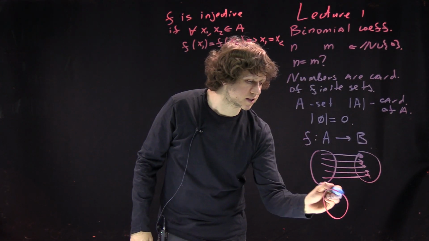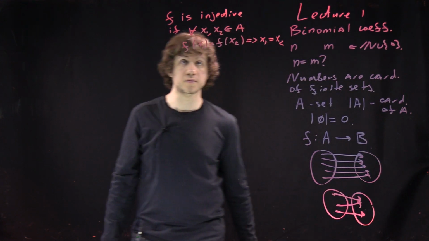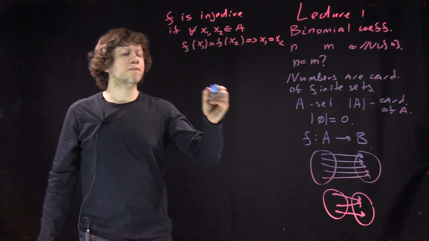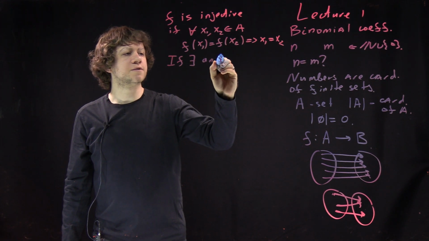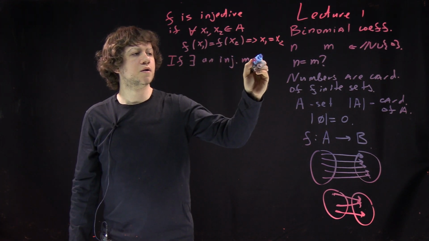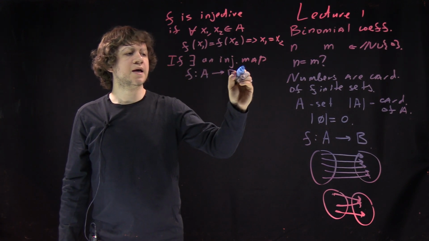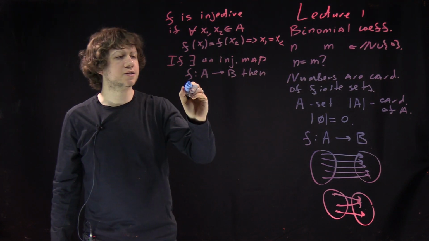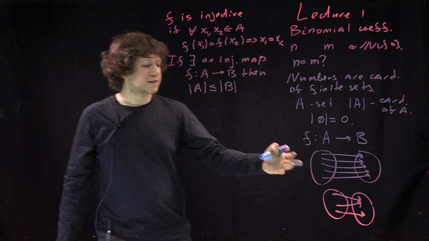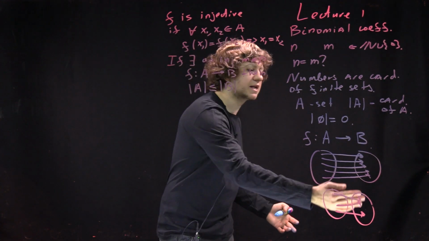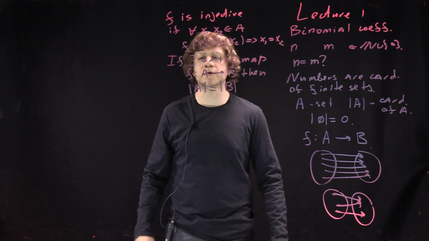And this one is an example of a map which fails to be injective, because two elements go to the same. So if there exists an injective map f from A to B, then it's really easy to show, and I'm not going to do that, that the cardinality of A is less or equal than the cardinality of B. You can think of that as just thinking that the image of F is basically a subset of B, and this is a subset, it has less or equal number of elements.